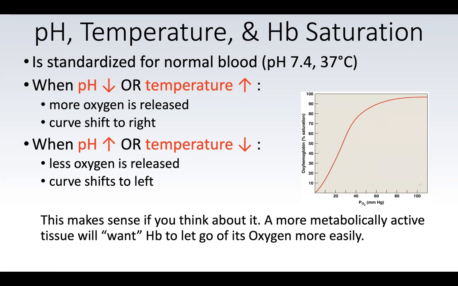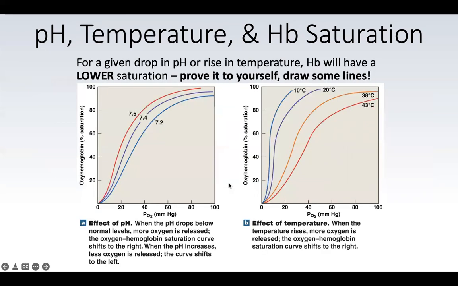You will not need as much partial pressure of oxygen in the blood to saturate hemoglobin at 50%. In this slide, we show you the difference between shift to the right and shift to the left based on the effect of pH and the effect of temperature. This is for you if you are a visual learner.